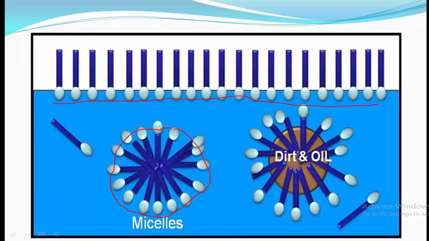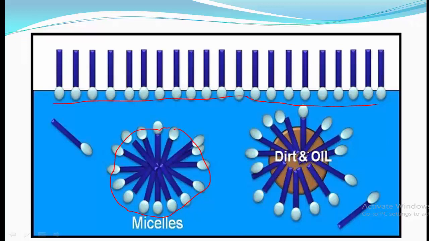Now if there is a presence of dirt or oil on a substance, then what happens? If you observe here, the head part is hydrophilic, it will head towards the water. But these hydrophobic ends will try to move away from the water, and hence when there is a presence of dirt or oil, these hydrophobic ends will be attracted towards the oil or dirt.